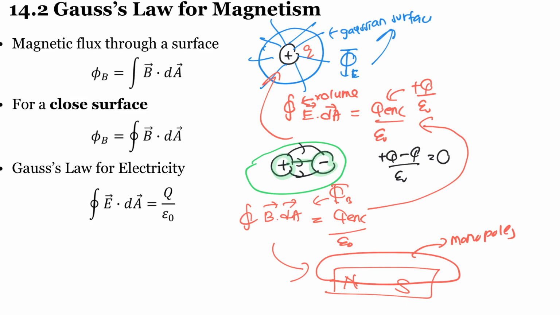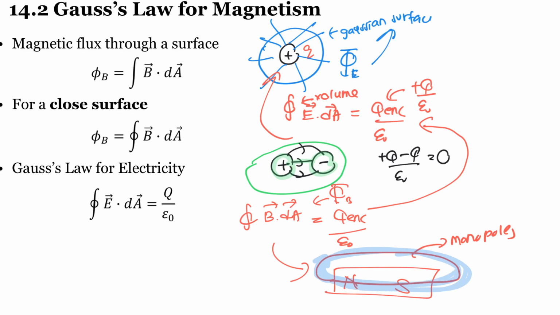And charge can be isolated, which means you can have one positive charge inside the Gaussian surface or one negative charge inside the Gaussian surface. However, a magnet always comes in north and south, which means the field goes from north and does not just end; it is going to be a closed loop and always continuous.